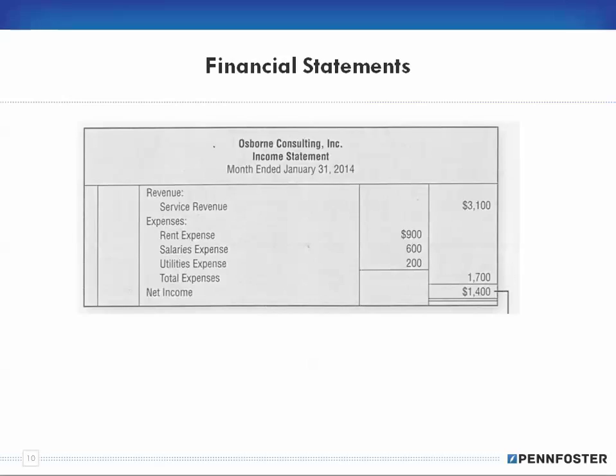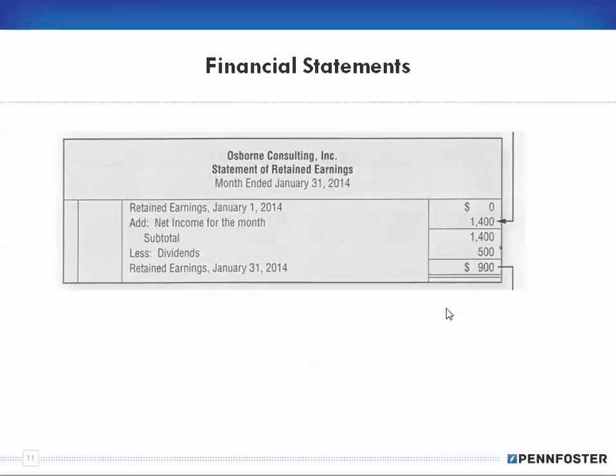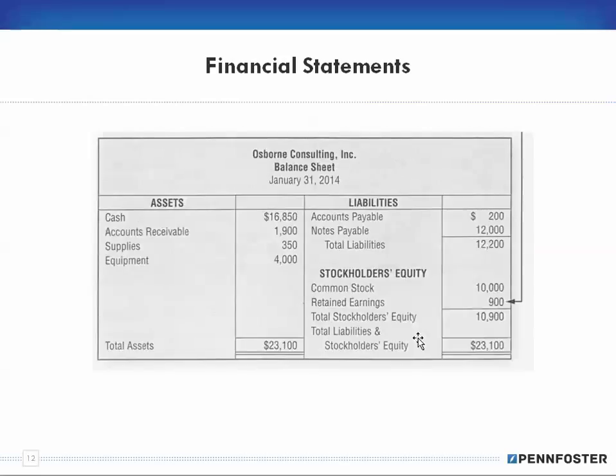And from the income statement, we ended up with a net income, which then allowed us to create our statement of retained earnings because we needed to show that net income. That gave us an ending retained earnings amount, which was transferred over to the balance sheet.